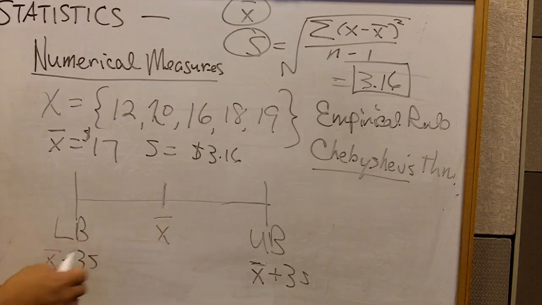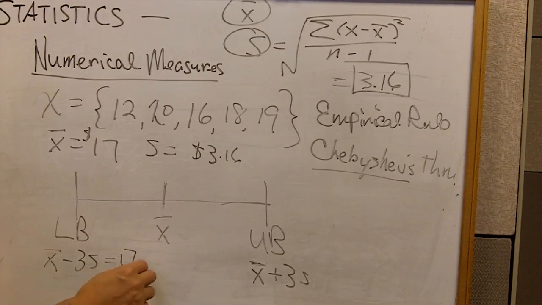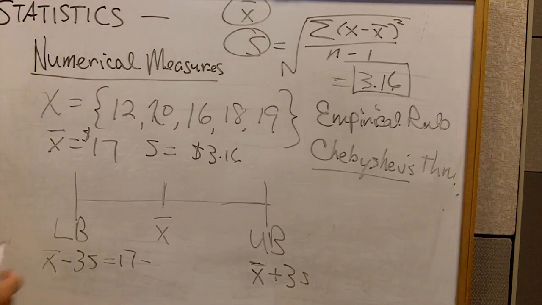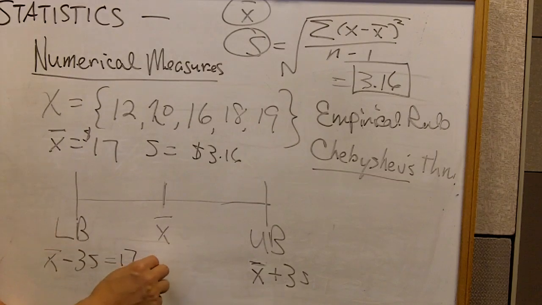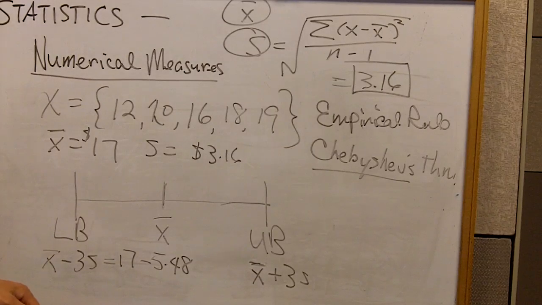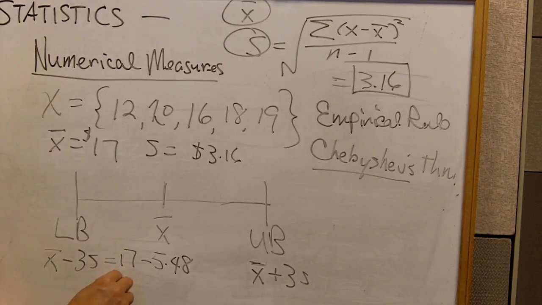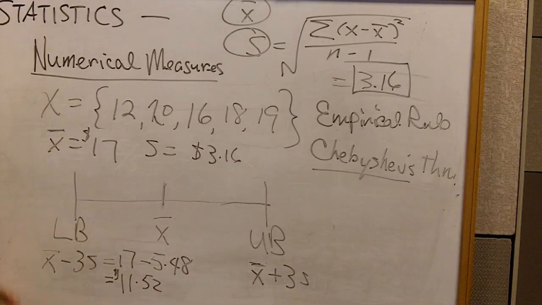So in this case, the X bar is equal to 17 minus 3 times S. So 3 times the standard deviation is, let's see, 5.48, something like 5.5, and so that would give us, I believe, $11.52. That would be the lower bound.